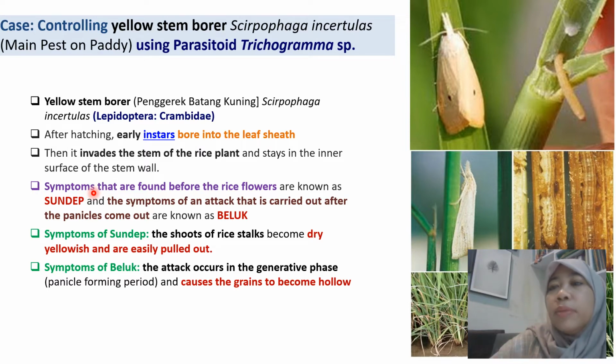They eat the stem, so the stem will easily break and pull out. And beluk, the attack occurs in the generative phase, causing the grain to become hollow. The grain itu adalah hampa, hampa, hollow.